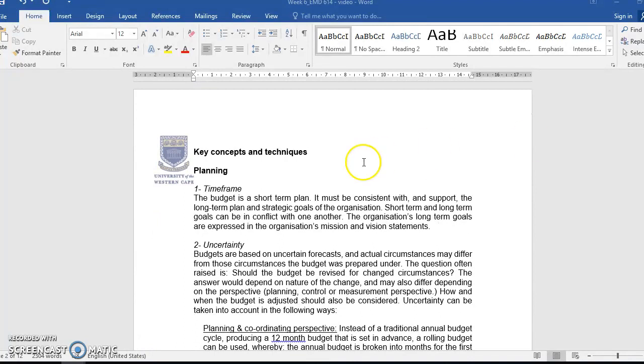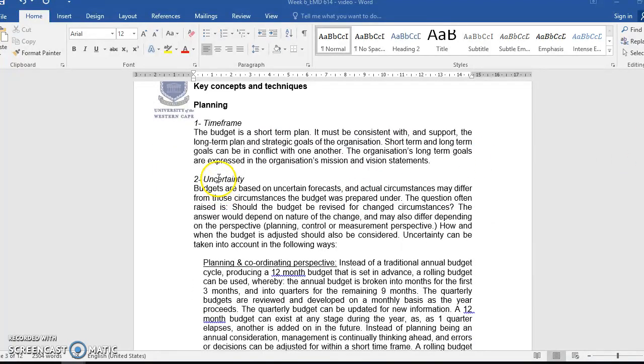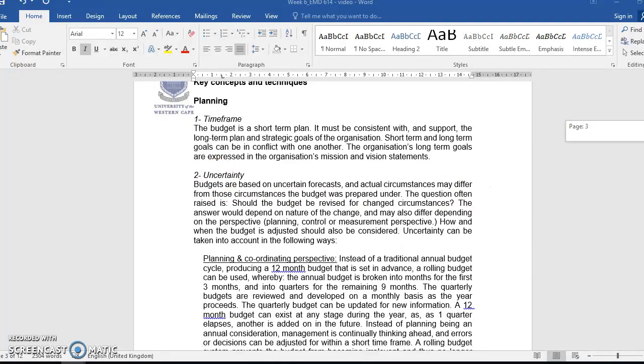So planning, a budget has a time frame, and it's usually short term, and it must be aligned with strategic goals of the company. The important thing to remember is that a budget is uncertain because nobody has a crystal ball.